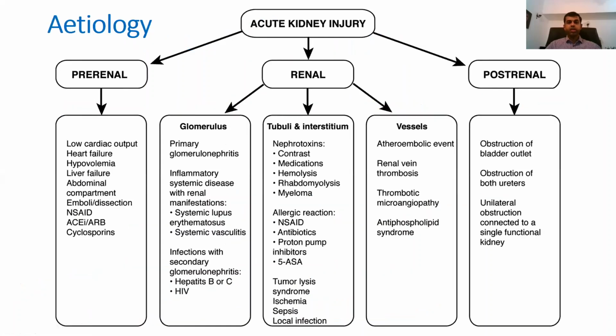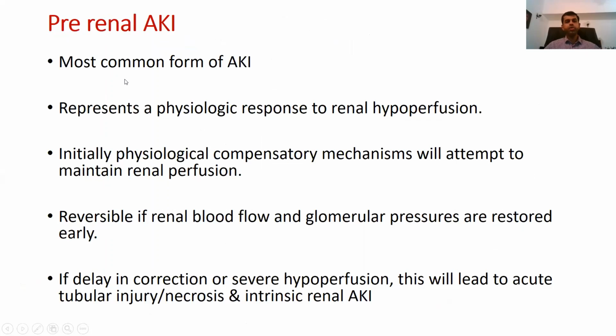In all these conditions where acute kidney injury happens, this results in oliguria in most of them. And when you are trying to identify the causes of acute kidney injury, you classify them as pre-renal causes, renal causes, or post-renal causes. Pre-renal causes are the most common forms of acute kidney injury, which results in oliguria.